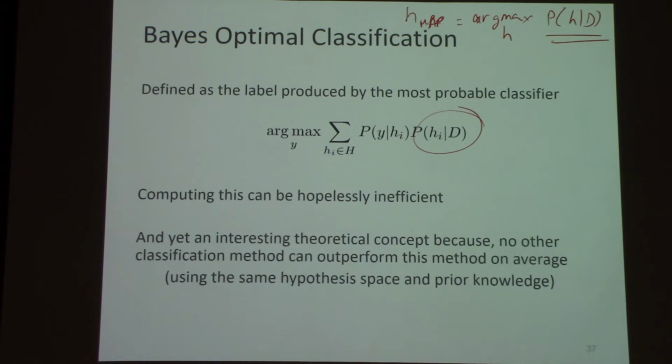The only way we know this is through the Bayes theorem. This is proportional to P of D given H times P of H. This is your likelihood, and this is your prior. And your prior is something that you assume.